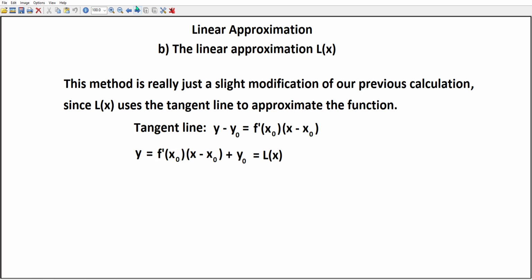You move the y naught onto the right-hand side, and you've got y equals f prime of x naught times x minus x naught plus y naught, which is L of x. So to get our approximation, we plug in 99.6, and the calculation looks exactly the way it did before, and we again end up with 9.98.